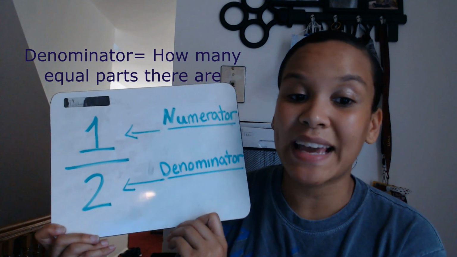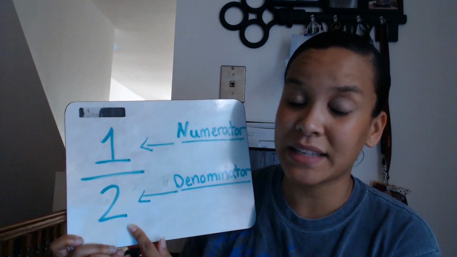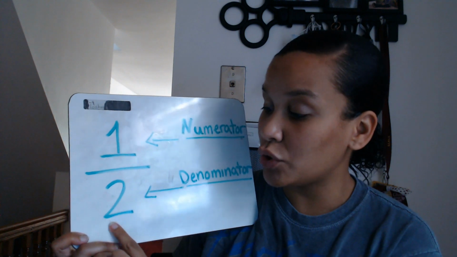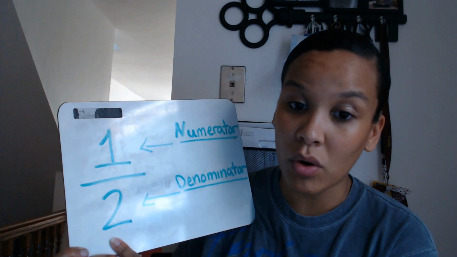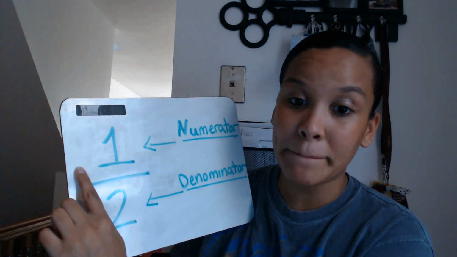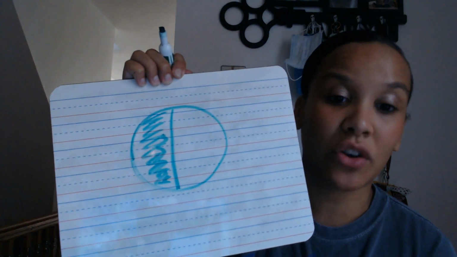So just looking at this fraction 1/2, because that's how we read this fraction, I know that there's going to be 2 equal parts in my whole, and I know that there's only going to be 1 shaded part. So on this side, I'm going to draw this fraction. Here I have a circle.